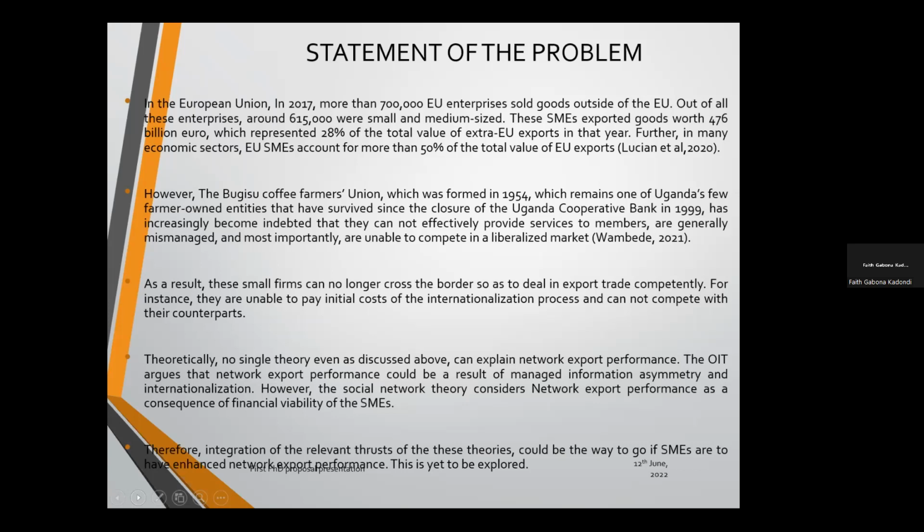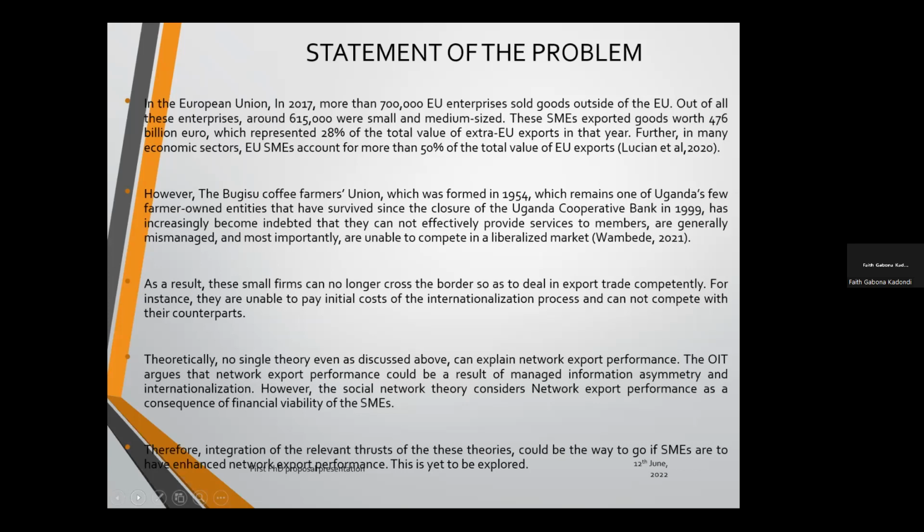As a result, small farms can no longer cross the border to deal in export trade competently. They are unable to pay the initial costs of the internationalization process and cannot evenly compete with their counterparts. Theoretically, no single theory on its own can explain network export performance.